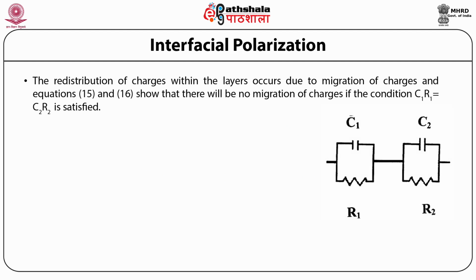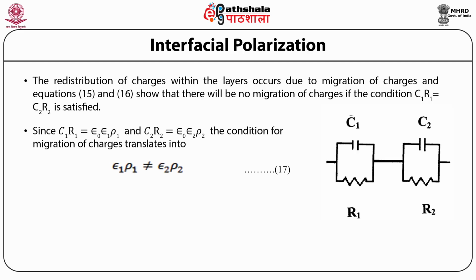The redistribution of charges within the layers occurs due to the migration of charges in equations 15 and 16, so that there will be no migration of charges if the condition C1 R1 = C2 R2 is satisfied, since C1 R1 = epsilon 0 epsilon 1 rho 1 and C2 R2 = epsilon 0 epsilon 2 rho 2.